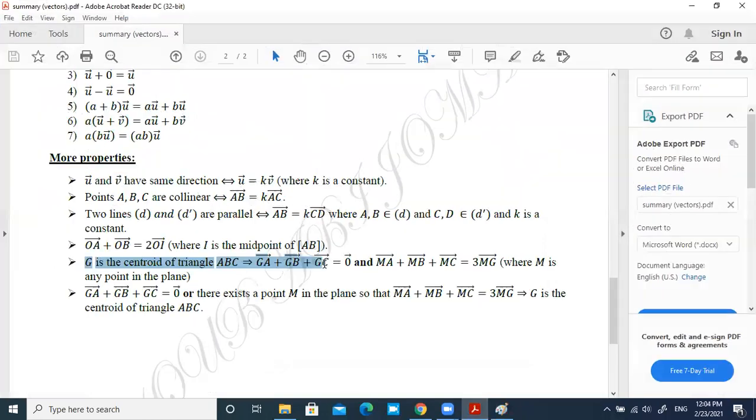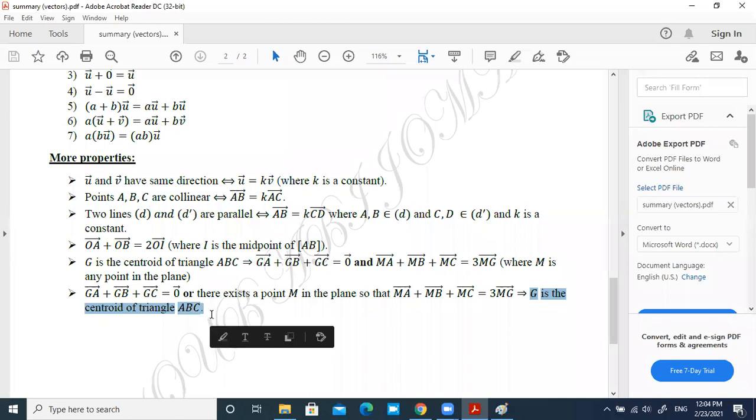Now we talk about the second one. G is centroid of triangle ABC, then GA plus GB plus GC equal to 0 vector. And the opposite: if GA plus GB plus GC equal to 0, then G is centroid of the triangle.